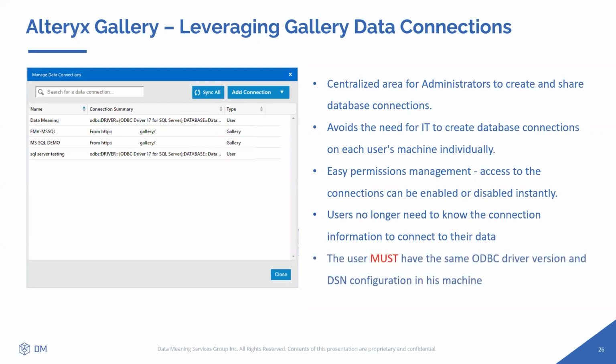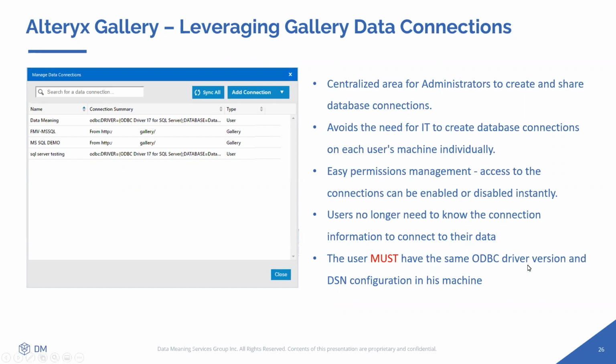And with that, of course, that's mandatory, and that's one thing that IT has to do before you're using the connection. You must have the same ODBC driver version as your server. So as I mentioned, your server is an extension of your Designer and the other way around. So everything that you have in your server, for that to work in your Designer as well, you have to have the same functions there.